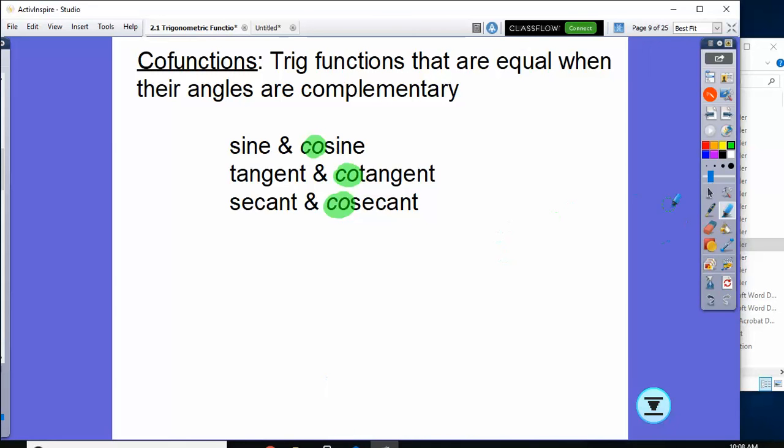What that means, since sine and cosine are cofunctions, that's like saying the sine of 30 degrees is equal to the cosine of 60 degrees. They have the same value.